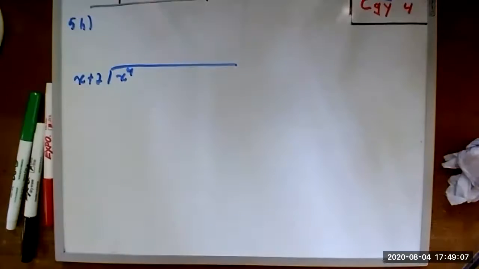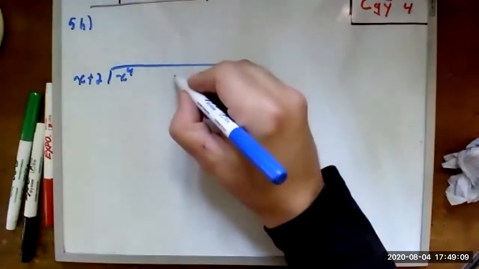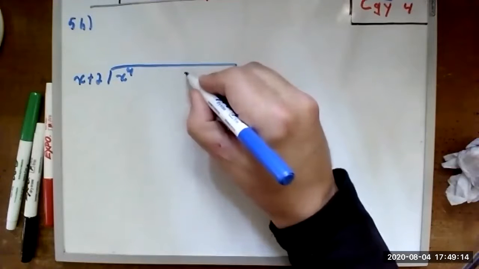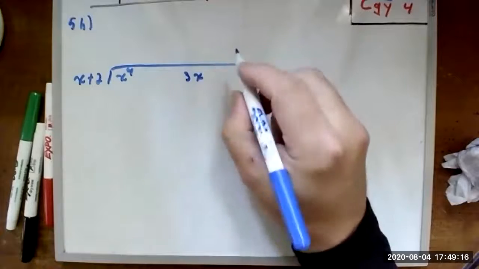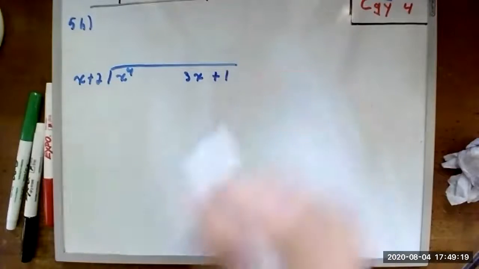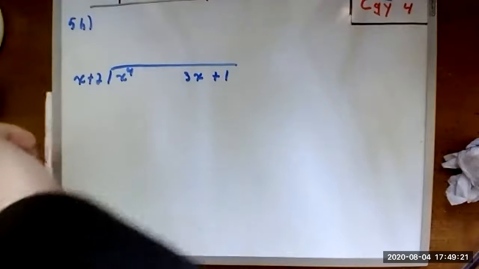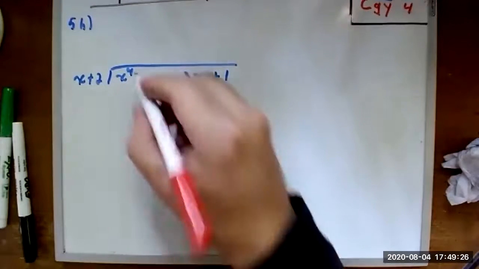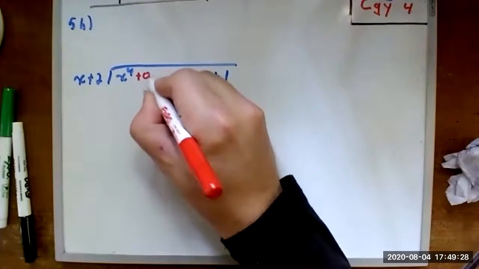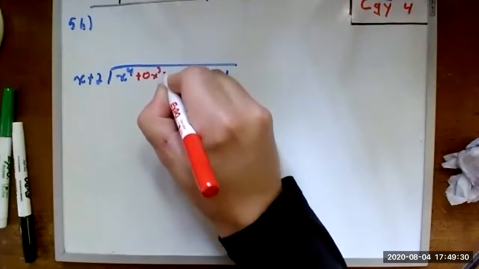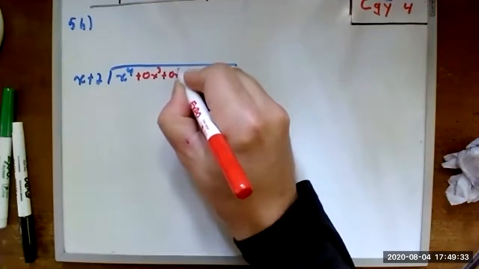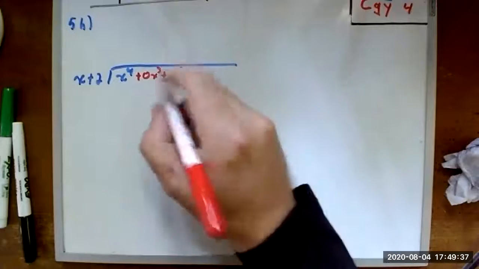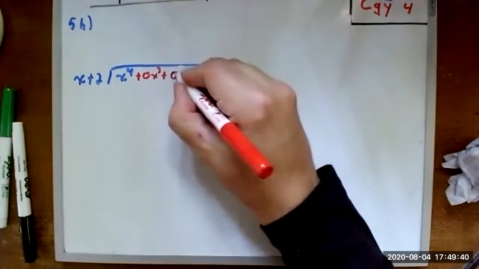So I'm going to get x plus 2, and this is going to go into x to the power of 4, give myself a bunch of space, plus 3x plus 1. Now, the reason I've given myself a bunch of space is because one of the things that's easy to forget when we're doing polynomial long division is to expressly say what we don't have.